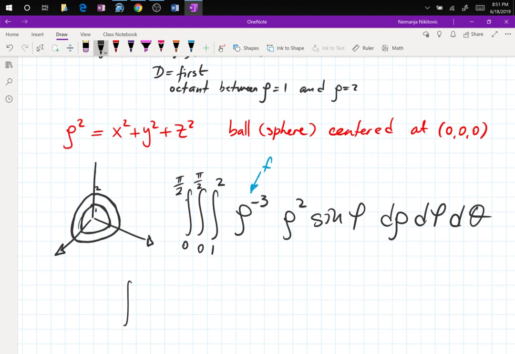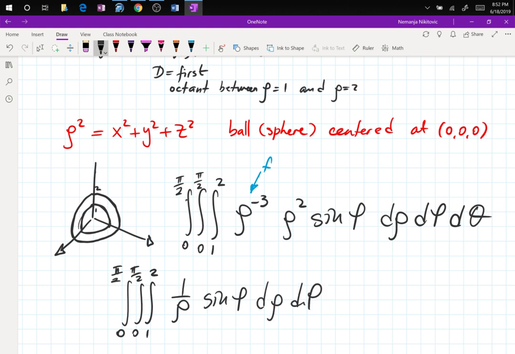So the final integral that we are looking at is 0 to pi over 2, 0 to pi over 2, 1 to 2 of 1 over rho sine phi d rho d phi d theta. And I mean, it's obvious the answer is pi ln 2 over 2. I mean, that's clear.